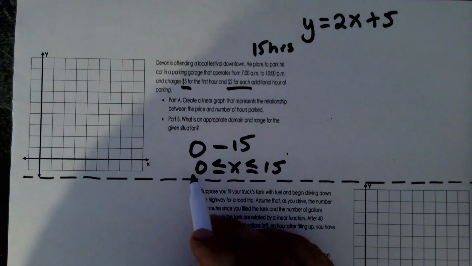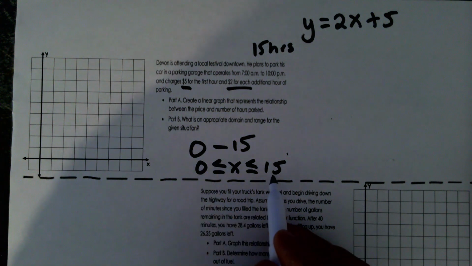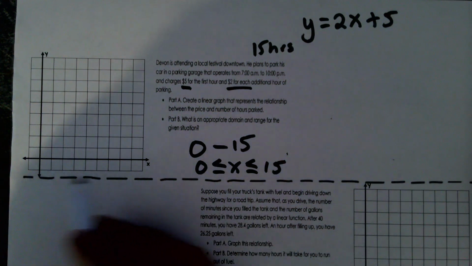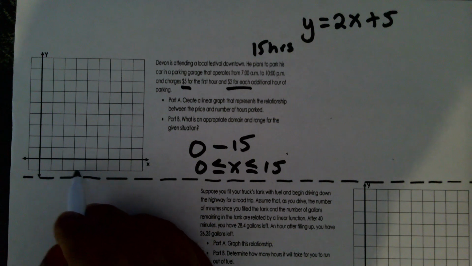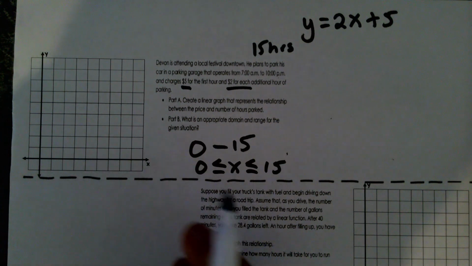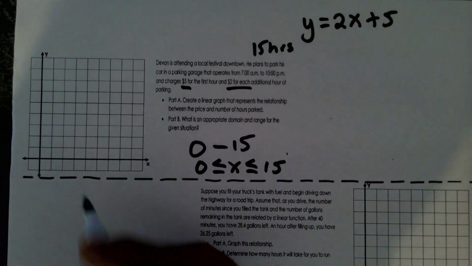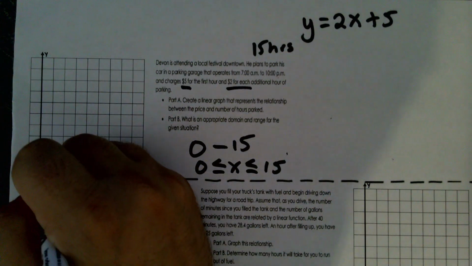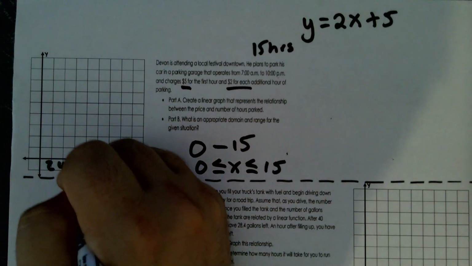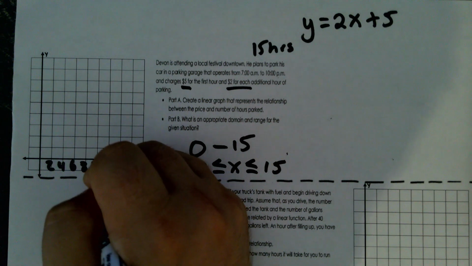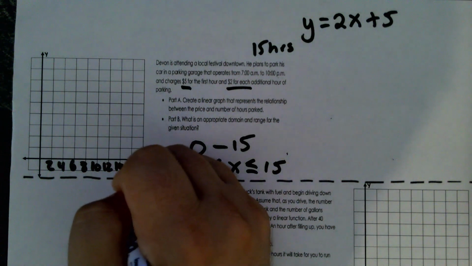Okay, you always want your lowest number on the left-hand side and the highest number on the right. And now we're just going to put this down below, and there's 1, 2, 3, 4, 5, 6, 7, 8, 9 intervals. So we're going to do intervals of 2, because that'll fit. So 2, 4, 6, 8, 10, 12, 14, 16.